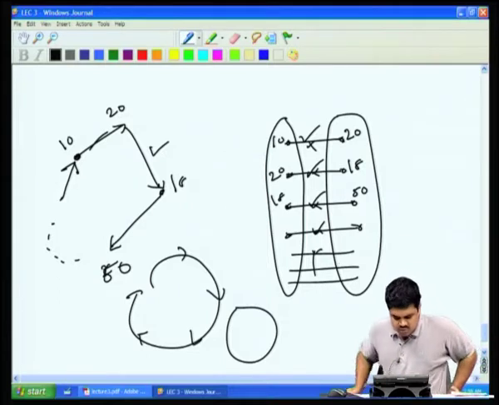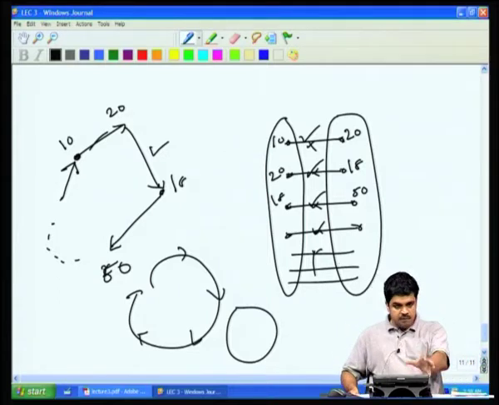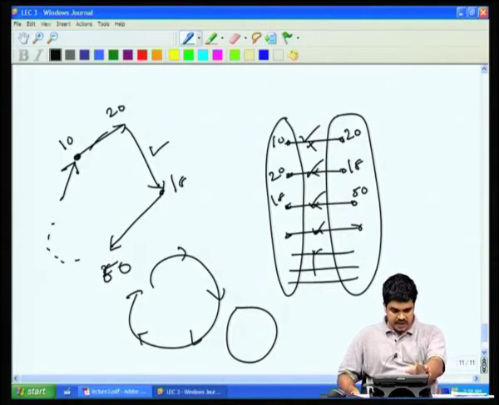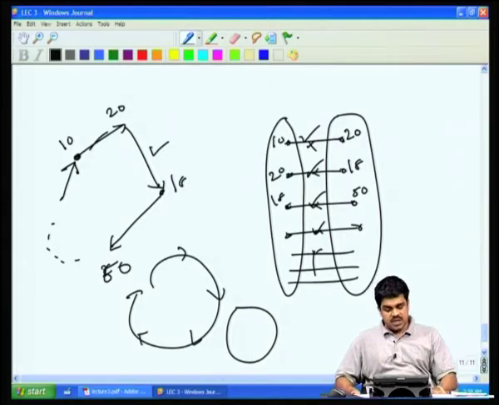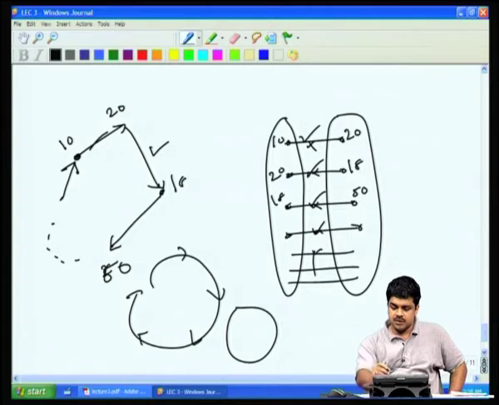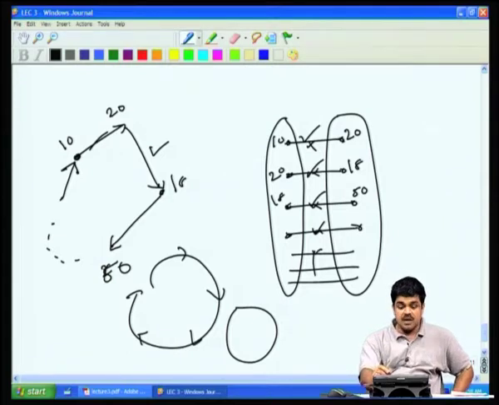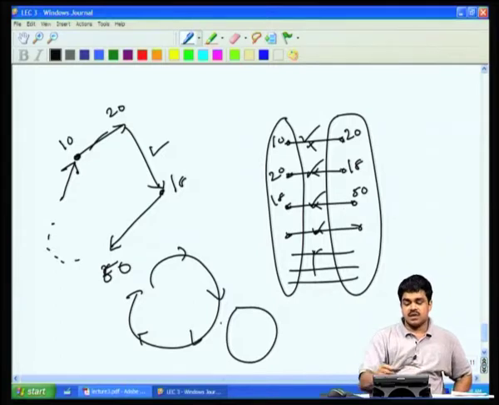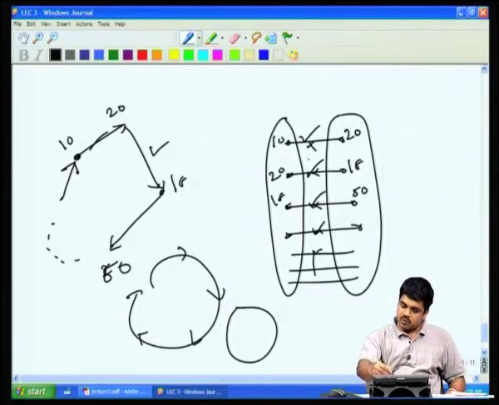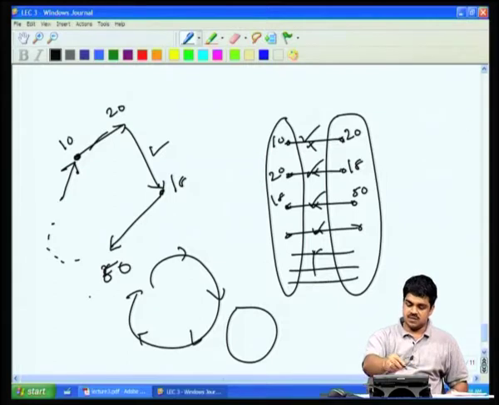So, assuming that we first had a directed graph, and then we constructed a double cover from that, and then we look at the perfect matching and track the corresponding edges in the original directed graph, we will end up with a cycle cover.